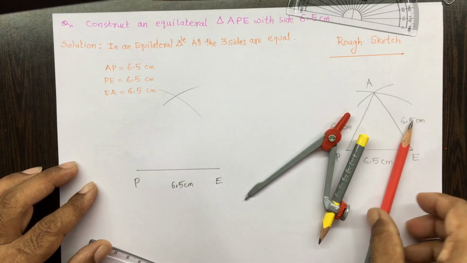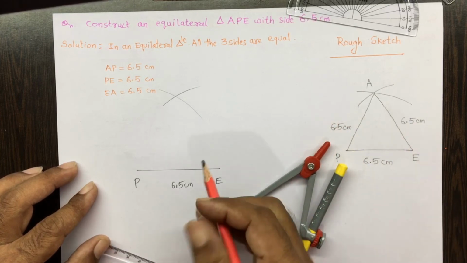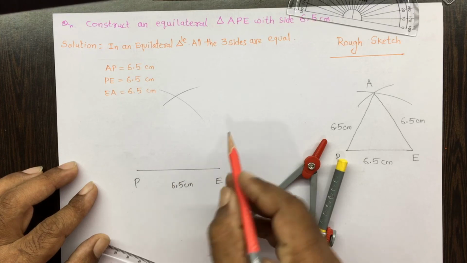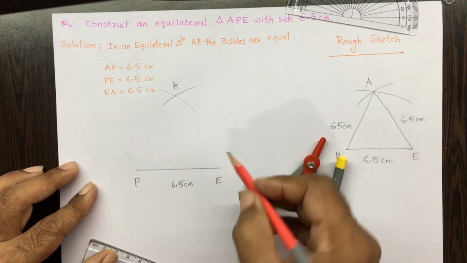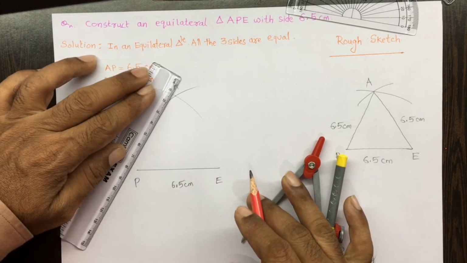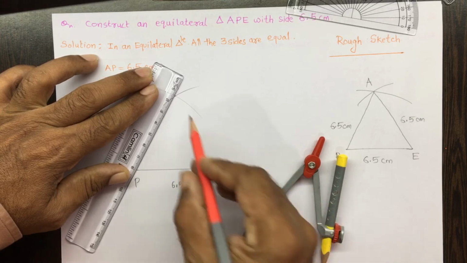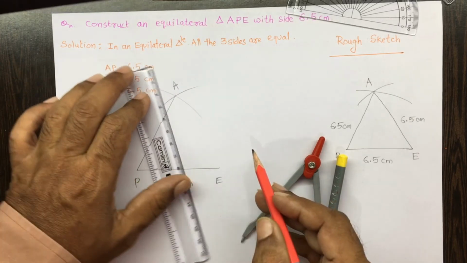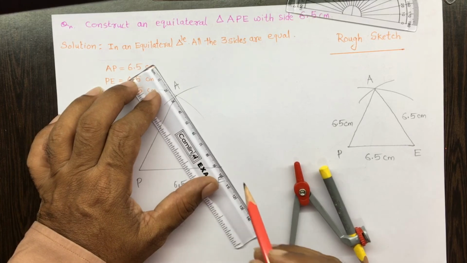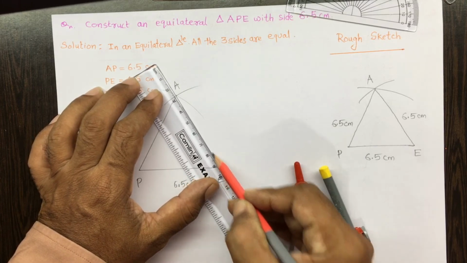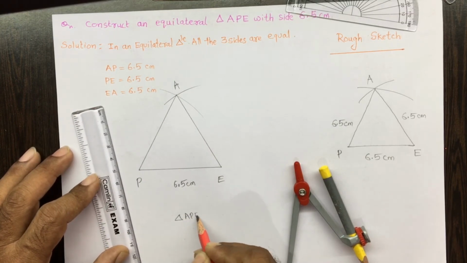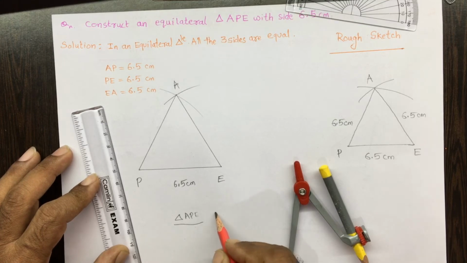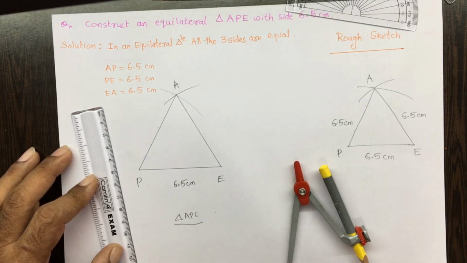The intersecting point of these two is A. Now, join AP and AE to get a triangle APE, which is an equilateral triangle. We are joining here. So, triangle APE is the equilateral triangle which is in the question.